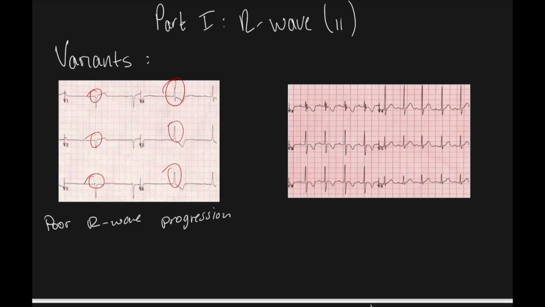And I call it a normal variant because it doesn't necessarily signify an acute process. That's defined as an R wave in V3 less than 3 millimeters.